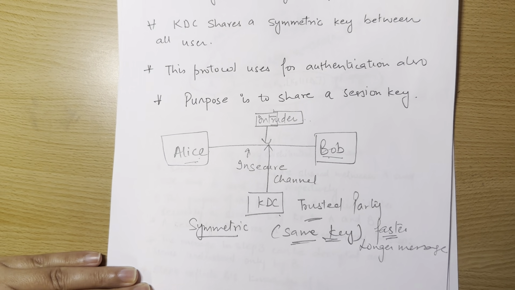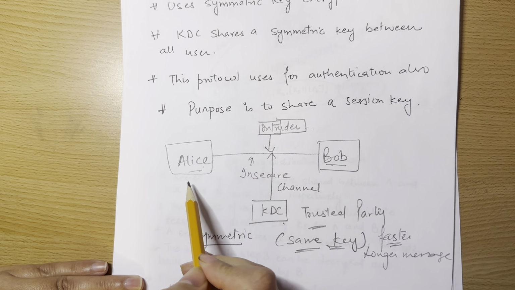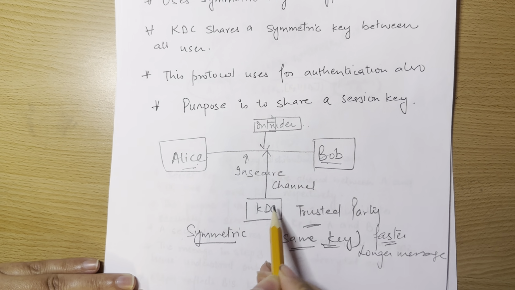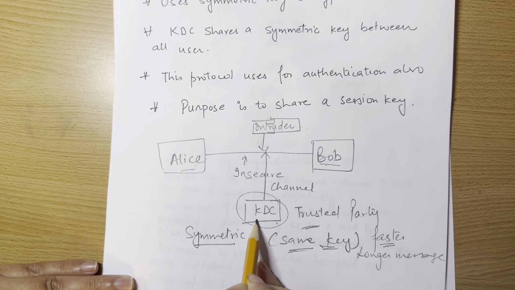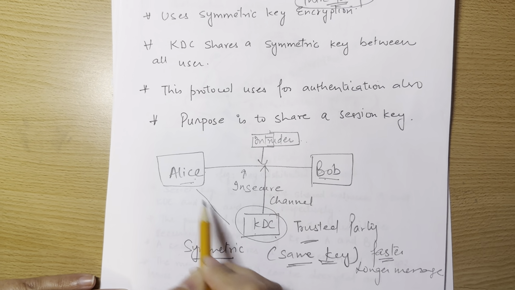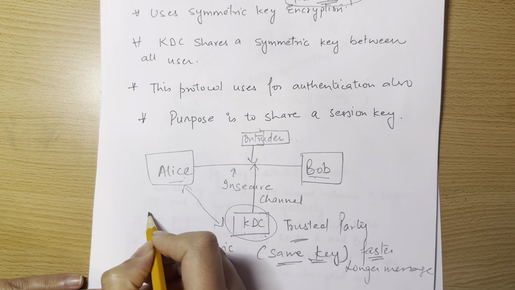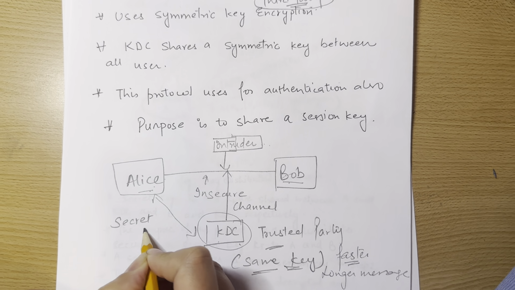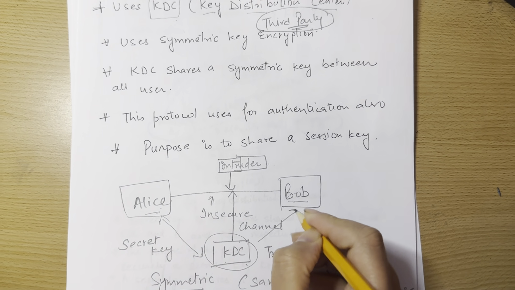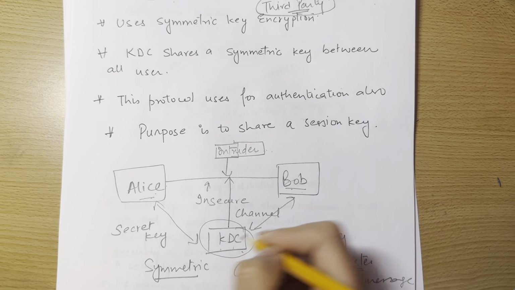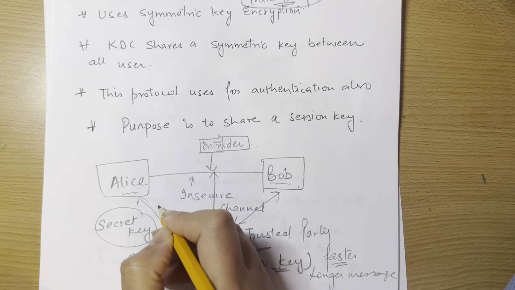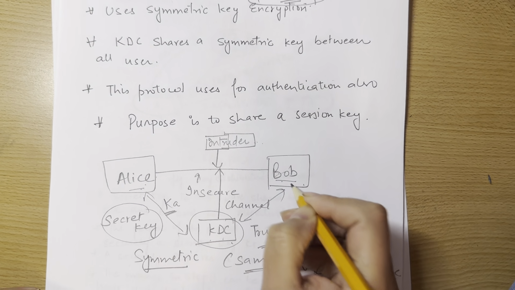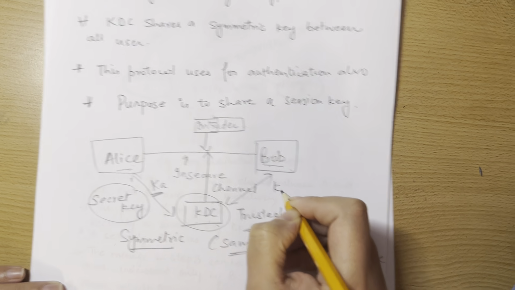Also, there is another prerequisite for this protocol: the KDC already shares a secret key with Alice and a secret key with Bob. Alice's secret key can be KA and Bob's secret key is KB.